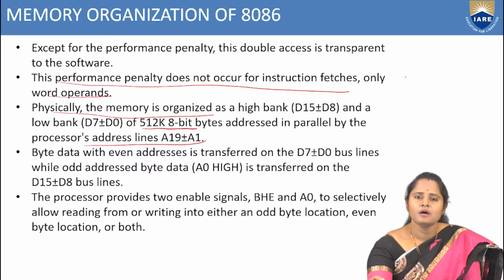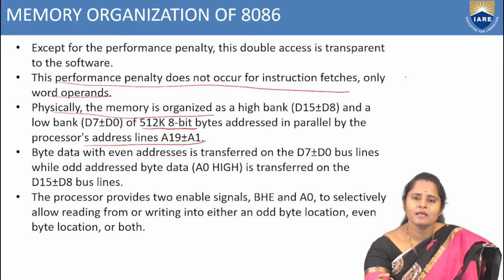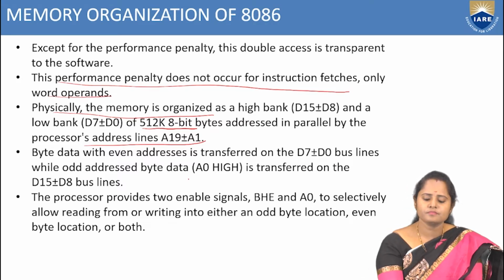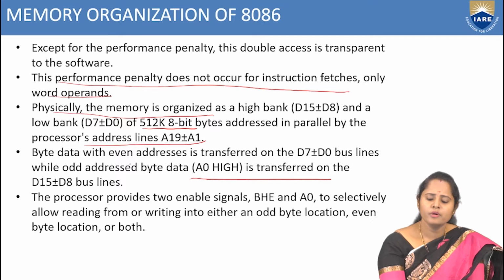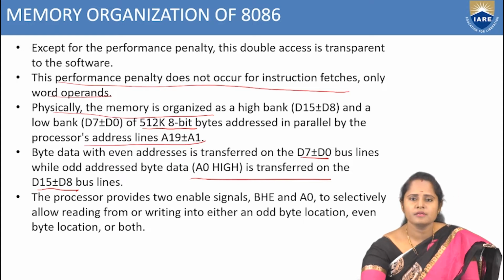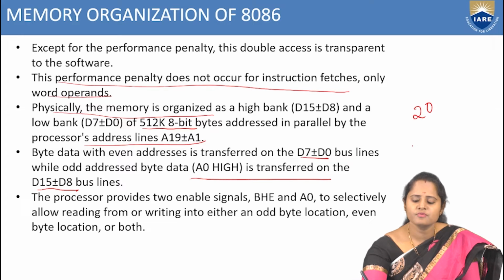The even and odd bank addresses can be accessed by address lines A1 to A19. So how many address lines do we actually have? 20 address lines, starting from A0 to A19.